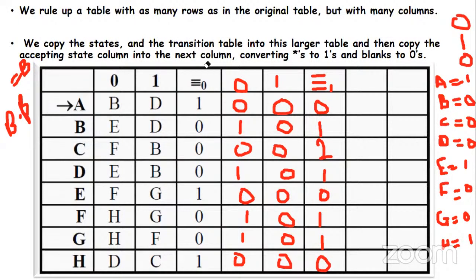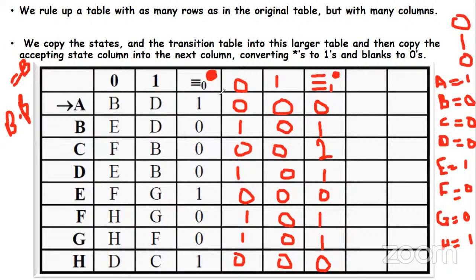So we'll now look at another way. You now compare this zeroth equivalence and the first equivalence. You compare their outputs. Are they the same? So you look at 1, 0.